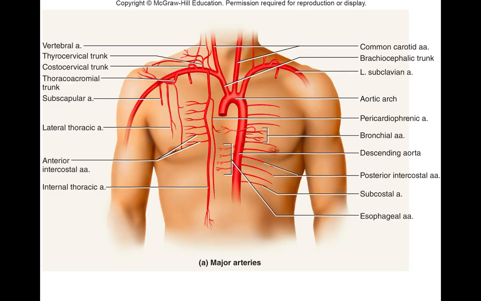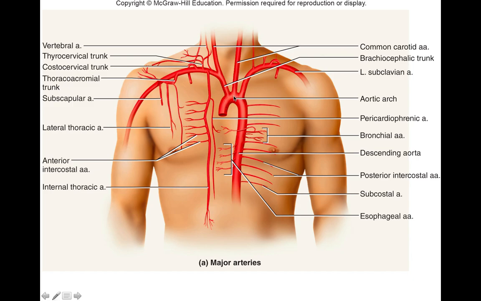So in this thoracic view, you can clearly see the branches off of the aorta. Here's the brachiocephalic trunk. It is an artery as you are carrying blood away from the heart. The brachiocephalic trunk will branch into your right common carotid artery and then your right subclavian over here. But you can see on the left side, your left common carotid here and your left subclavian have their own individual branches off of the aortic arch.